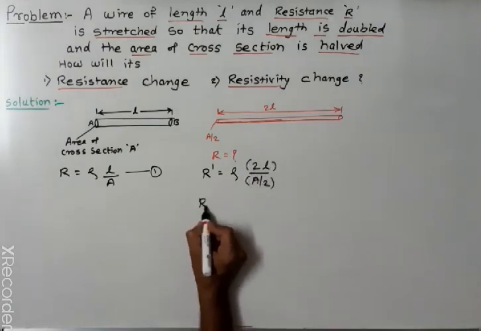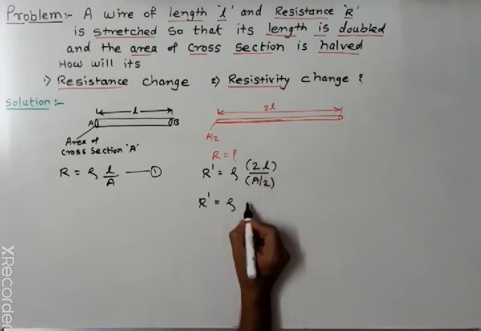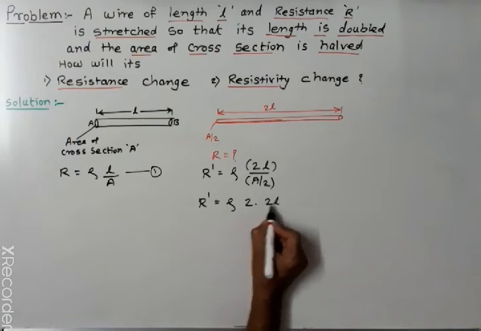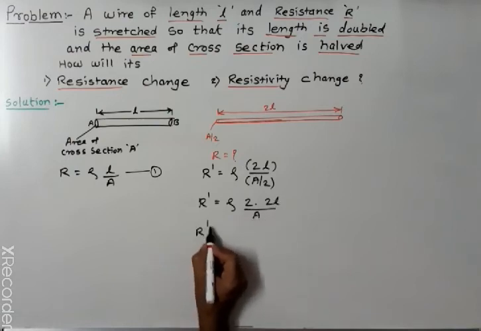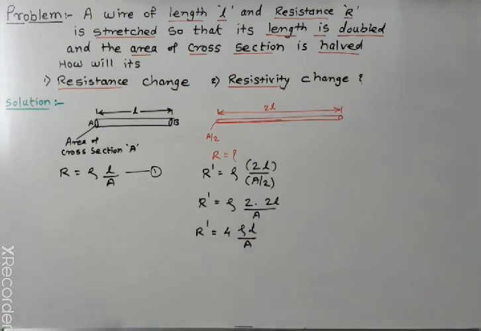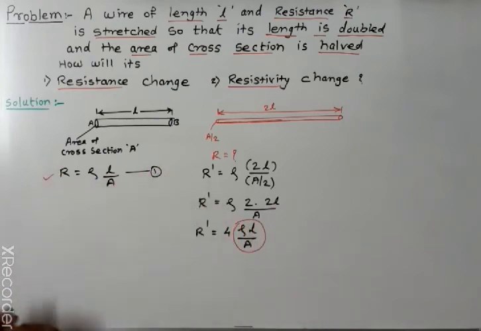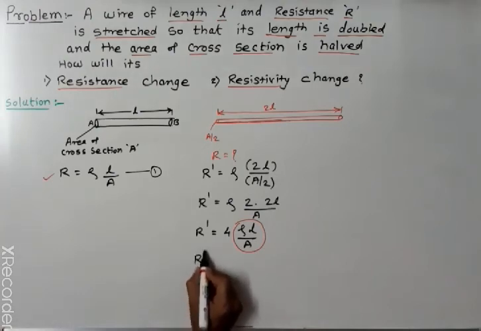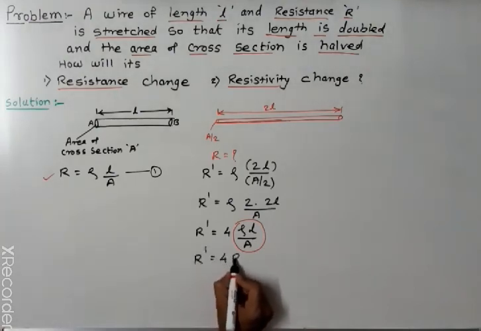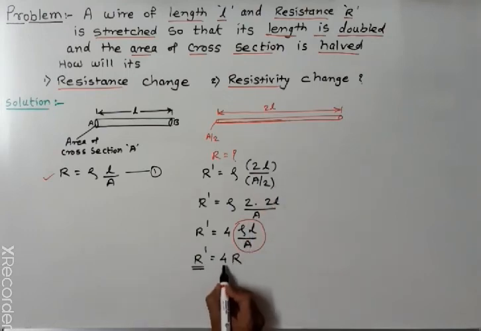So dear friends, you will get R dash is equal to rho into 2 into 2L upon A. So R dash is equal to 4 rho L upon A. Now I put the value of rho L upon A from equation number 1, so R dash is equal to 4 into R. That means the new resistance of this wire will be 4 times the original resistance. This is the resistance change in this case.